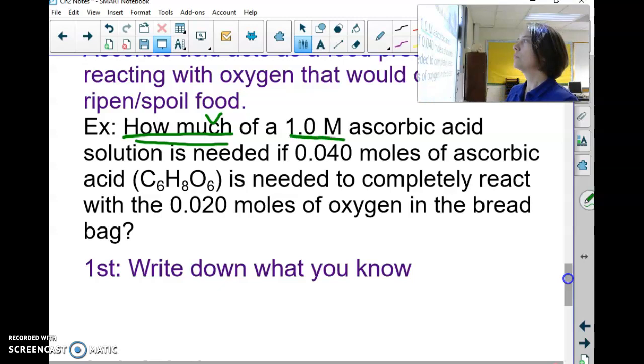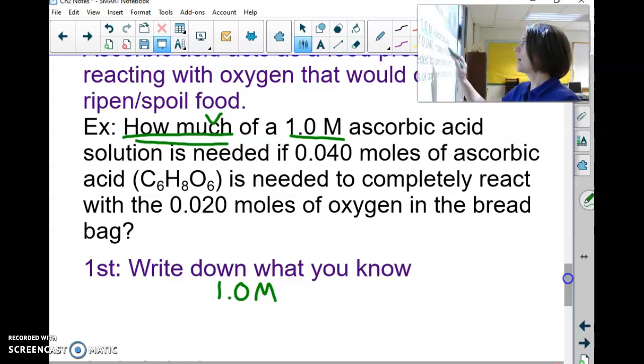And we know our molarity is 1.0 molar. So 1.0 molar is my molarity. If 0.04 moles and 0.020 moles, wait, there's 2 different moles. I can't do a problem with 2 moles. There's only one place for moles. Give up and go home? No. Only one of these is applicable.